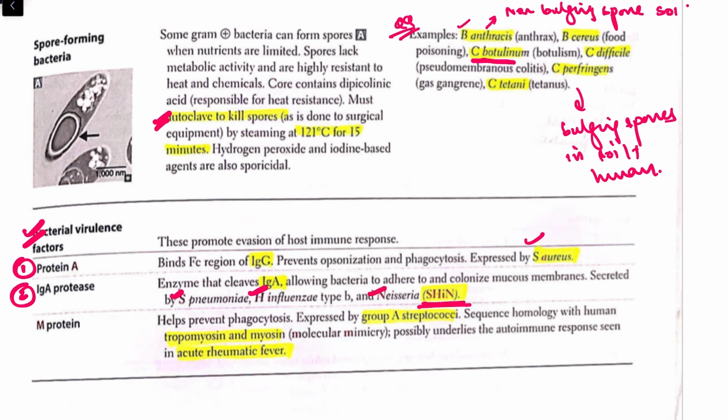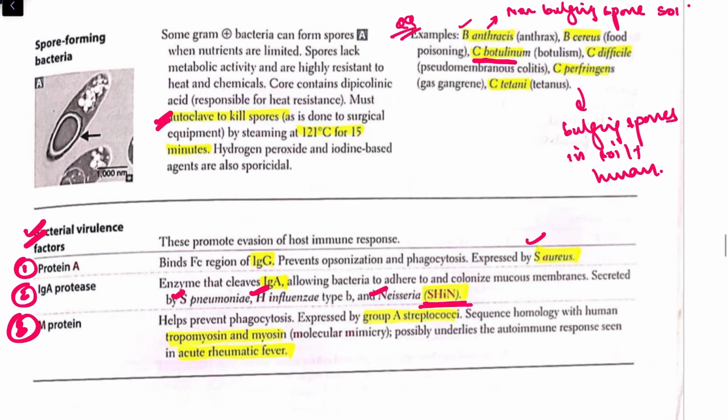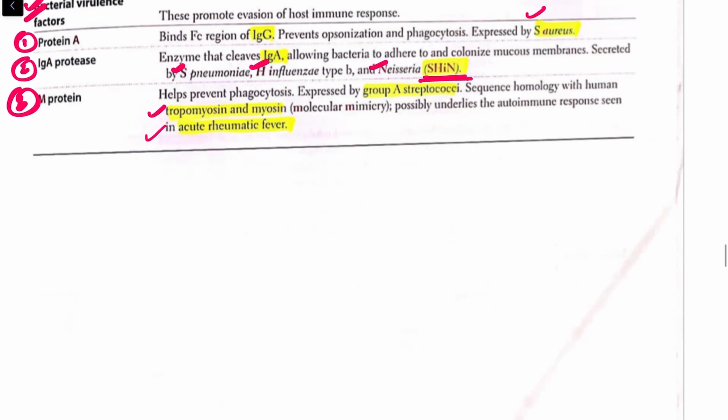Then M protein. It helps to prevent phagocytosis and it is seen in group A streptococci. It has homology with human tropomyosin and myosin, that is molecular mimicry, and it is also seen in the autoimmune response of acute rheumatic fever.